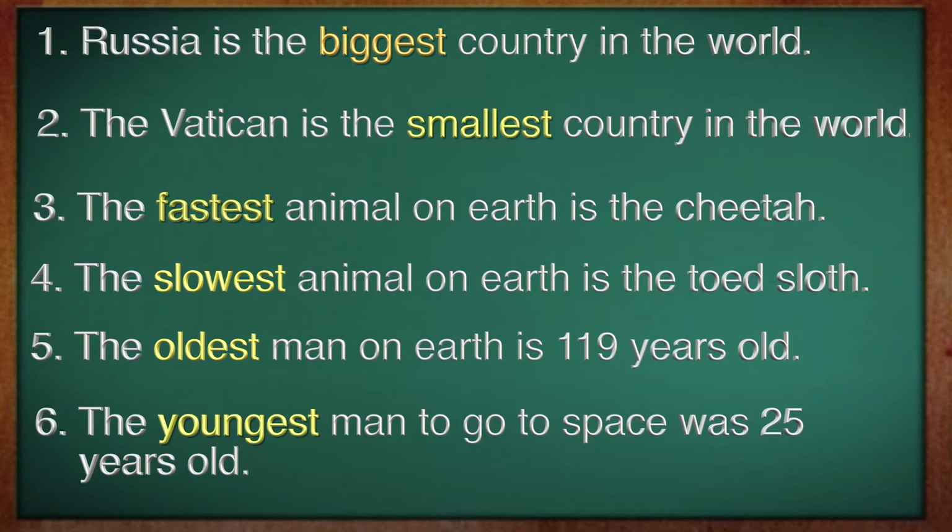Or the cheetah is the fastest animal on earth. The slowest animal on earth is the sloth. Or the oldest man is 119 years old. Or the last one, the youngest man to go to space was 25.